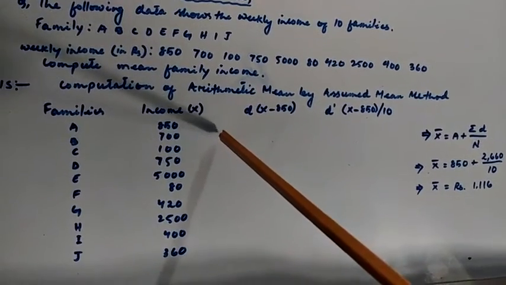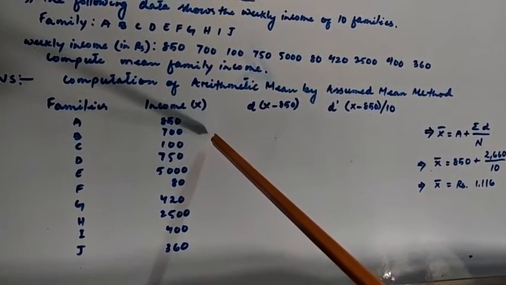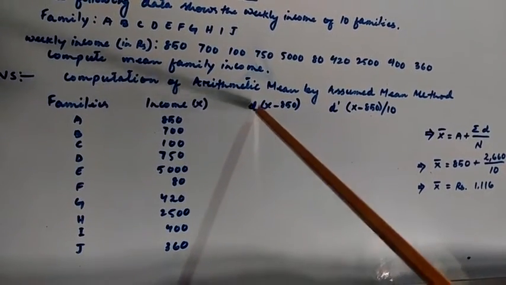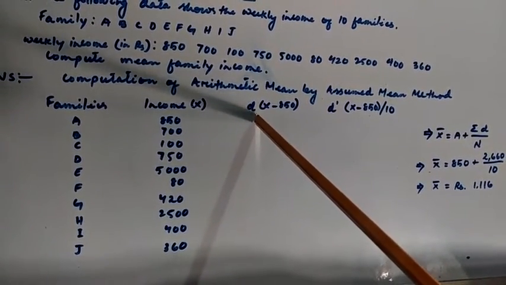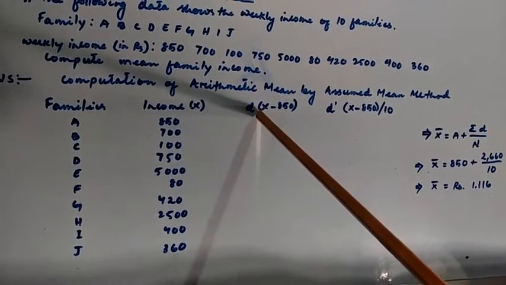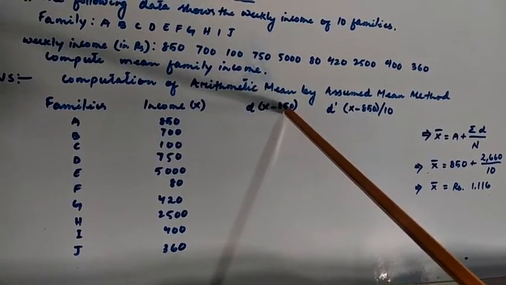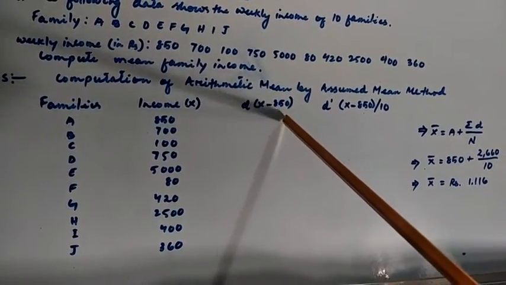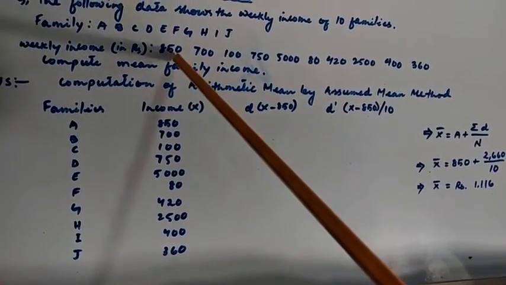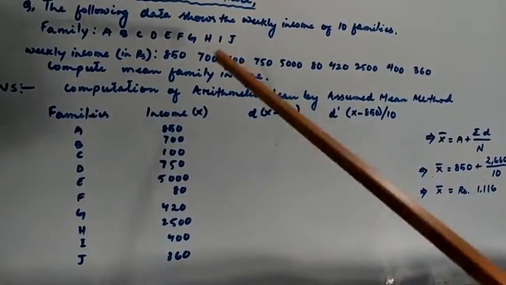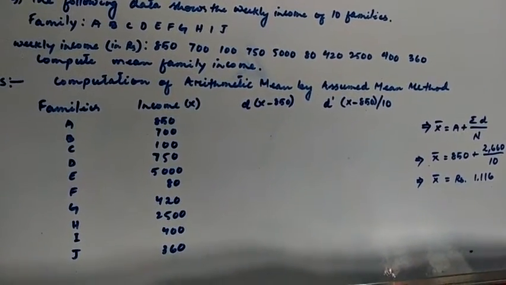And as we have discussed earlier, we have to first find out the deviation, that is D. Deviation, we have discussed, is X minus the assumed mean. Here we are taking 850 as our assumed mean. We are not going to find out the arithmetic mean here.